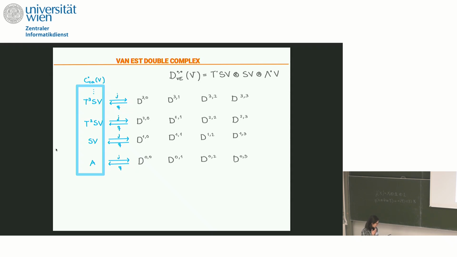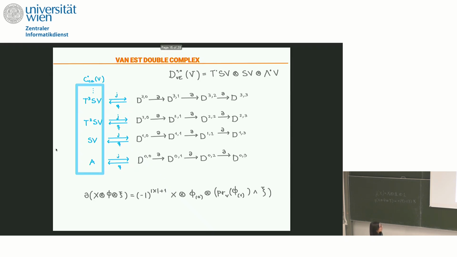Okay, but what about the differential? These are, sure, obvious morphisms. We have to see what kind of properties they have. Let's see the differential, which is also pretty easy. You take an element, where X is in the tensor algebra, phi is in the SV slot, and Xi is in the Grassmannian part.